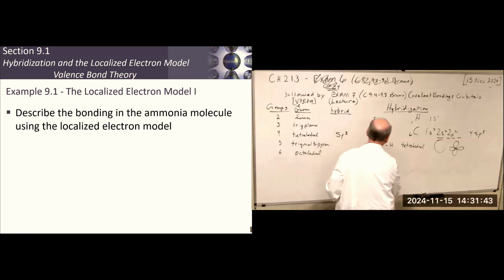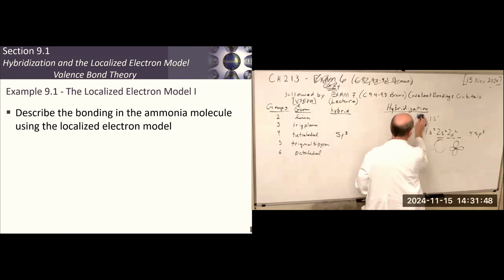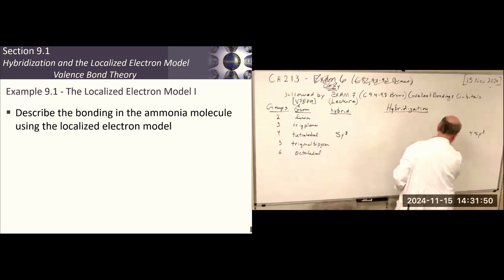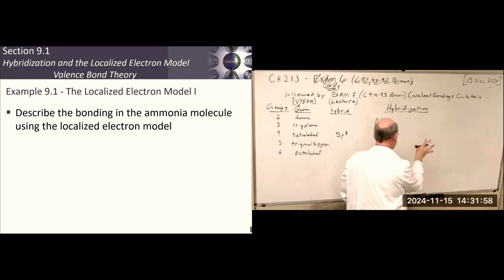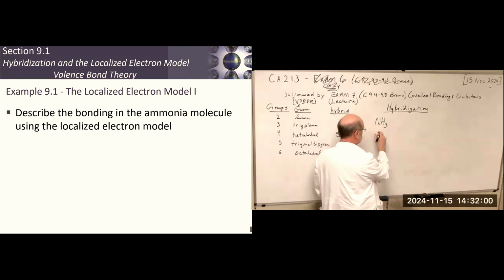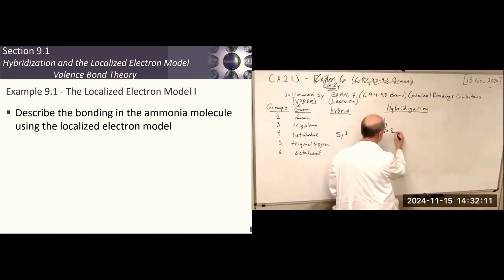Now let's look at another possibility: ammonia. So here we have ammonia. We draw the Lewis structure. Nitrogen has 5, and the 3 hydrogens make 8 electrons.